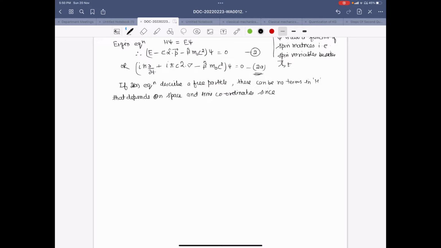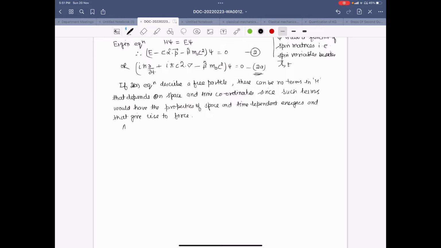So we write down, since such terms would have the properties of space and time dependent energies, and that give rise to force.